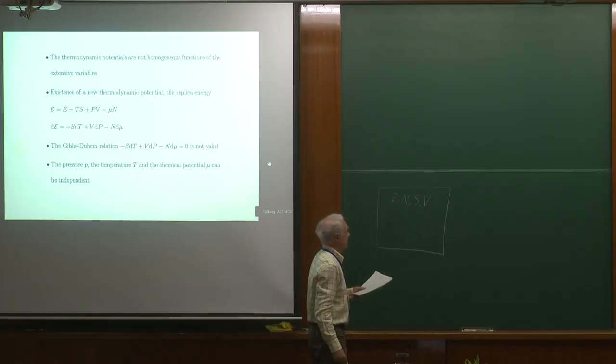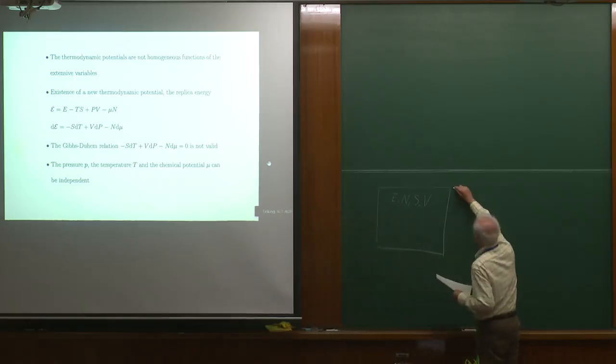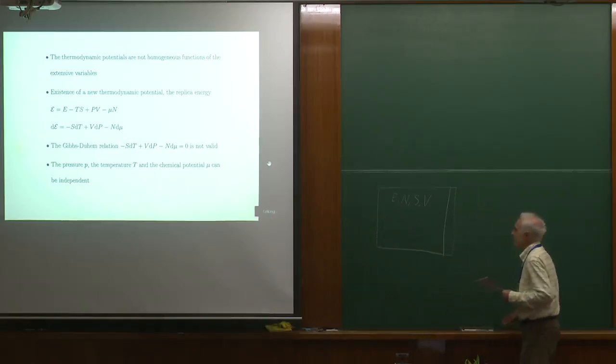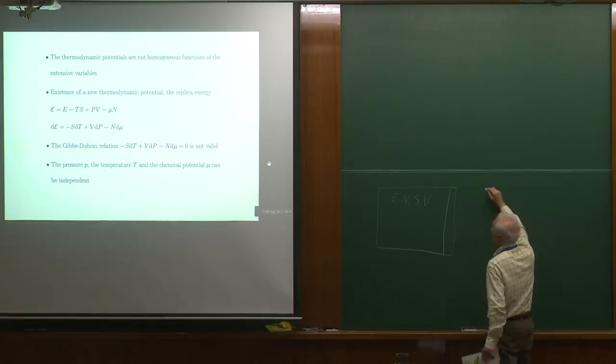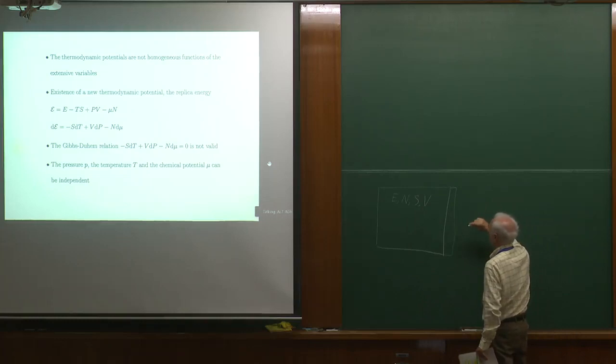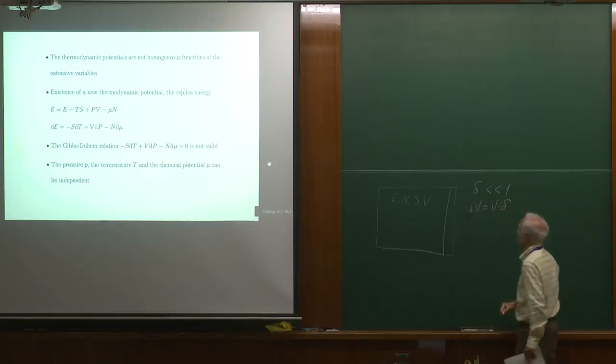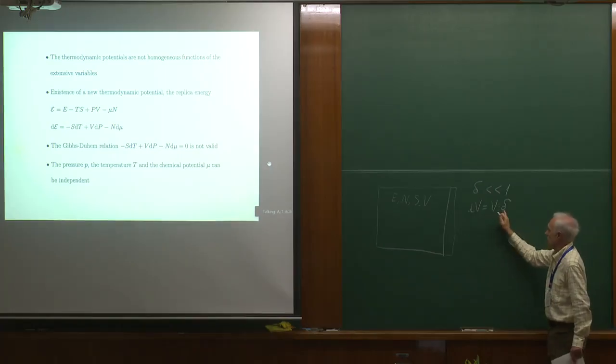So let us now enlarge this system a little bit, in such a way that each of these quantities has a variation. Let me choose a given number much smaller than 1, and I take the increase in volume dV to be proportional to the volume with this factor.